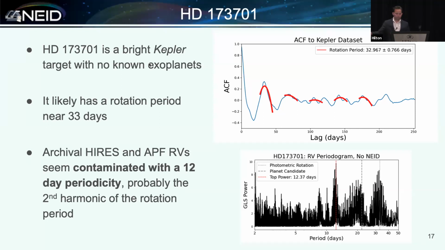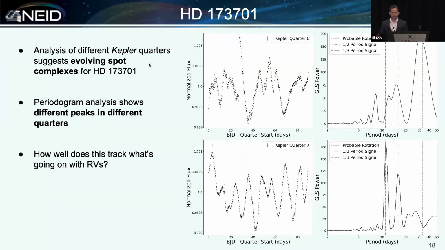And if you look at Kepler, which was taken at a somewhat more similar time, you see that this activity modulation is evolving quite a lot, actually. You see in Q6 a 33, 34-day period dominating, and then in Q7, you see 1/2 and 1/3 of that period dominating. So it seems to be evolving on these weird timescales.